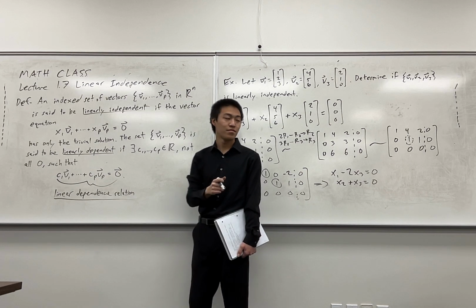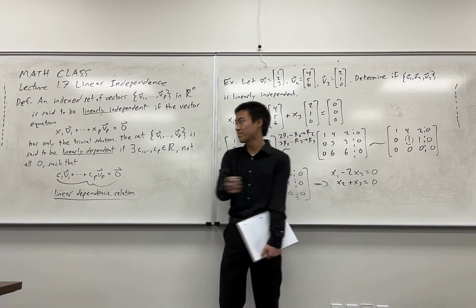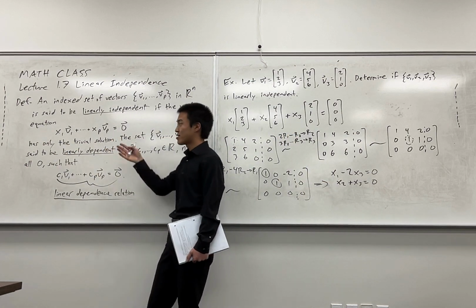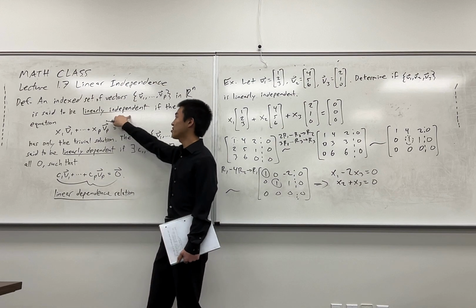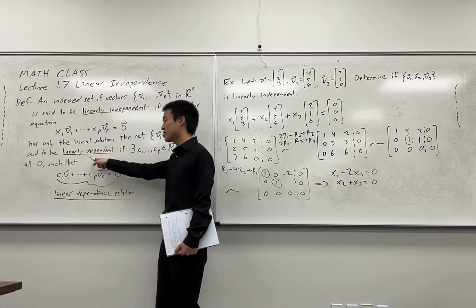Yeah. So if I'm able to make a solution that is not the 0 vector, does this condition get satisfied? No. And if it doesn't satisfy the condition, what do we say about the thing that it's supposed to be defining? It's not. No can do. And so it's linearly dependent.